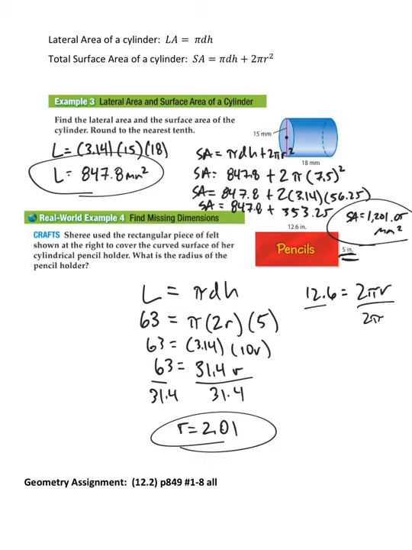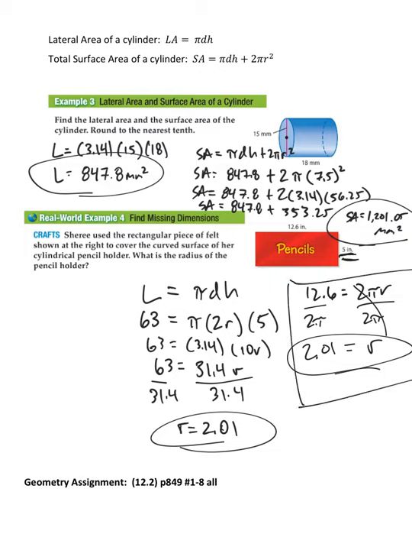So you could as easily solve this by taking 12.6 and dividing by 2 pi, which you should still get 2.01. So two ways to solve it, guys. That way is probably a little quicker. If some of you second guessed, good job. Both ways we found the radius, just a little more work that first way.